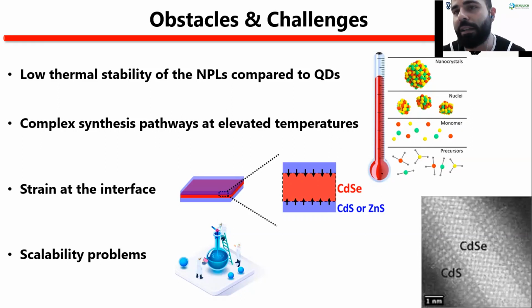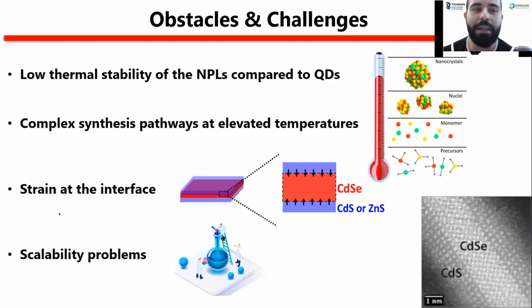But for the nanoplatelets, it's not the same case because they are very vulnerable to heating. It's very hard, but researchers succeeded to do this synthesis at a high temperature, but of course, by using a complex synthesis procedure. They added stabilizers, many ligands, and this synthesis contains many steps.